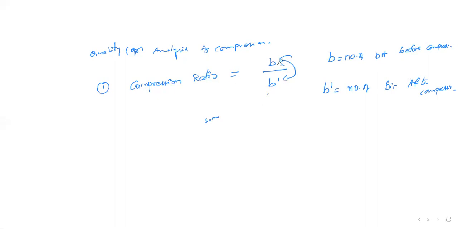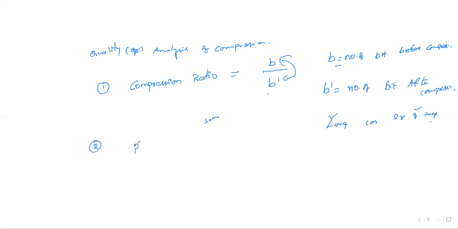We can use either the number of bits, L average, or the size of the image, because the size of the image is represented in terms of bits. L average is also the length of the bits. So this is the first parameter to analyze whether the compression is best or not.